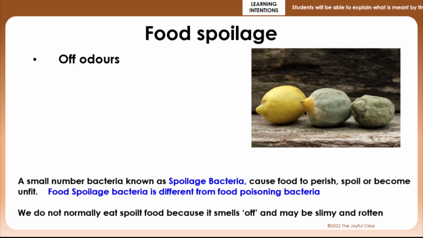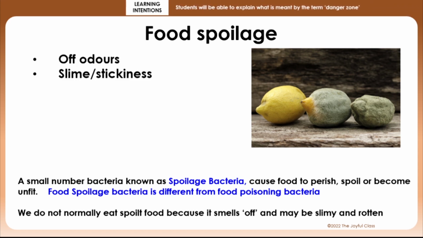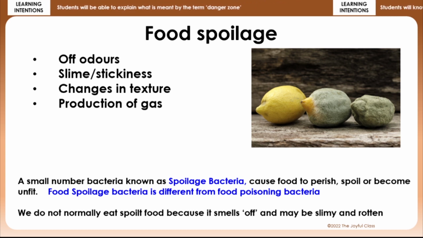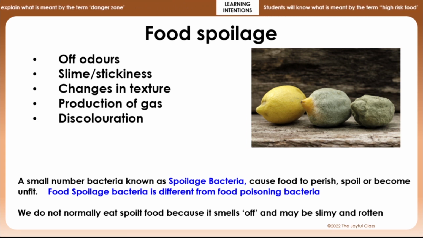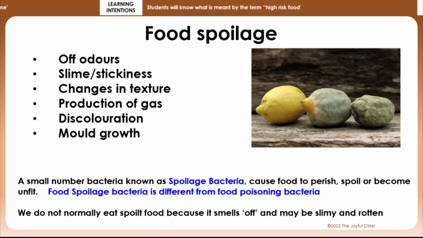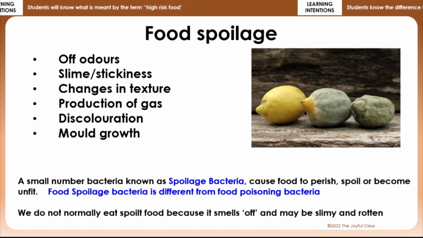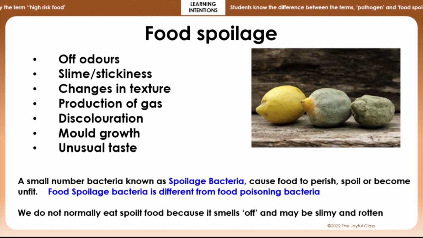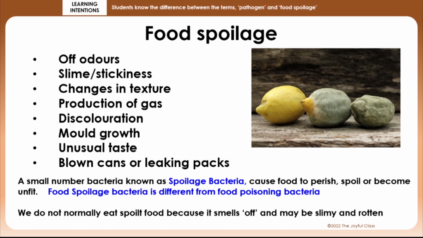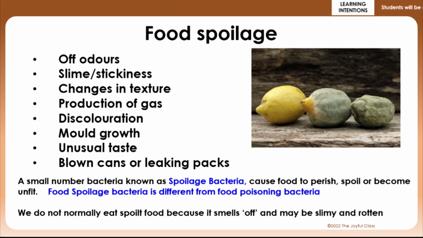Food spoilage gives off odours, could be slimy or stickiness, change in its texture, a production of gas, discoloration, mould growth, you saw that with the strawberry, unusual taste, and if it's packaging it could be blown cans and leaking packages.